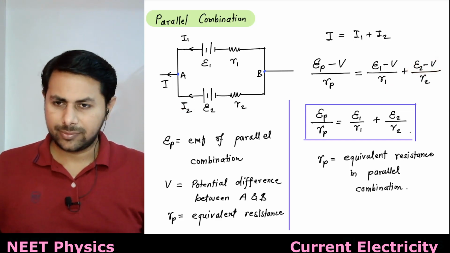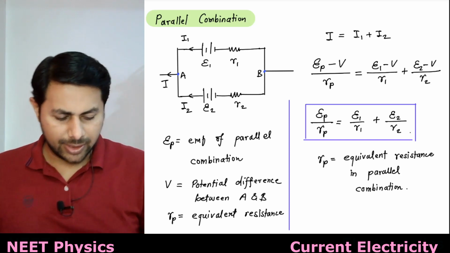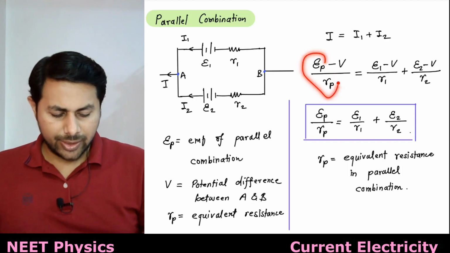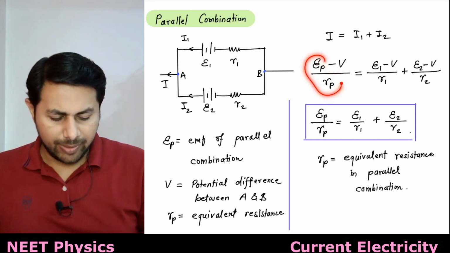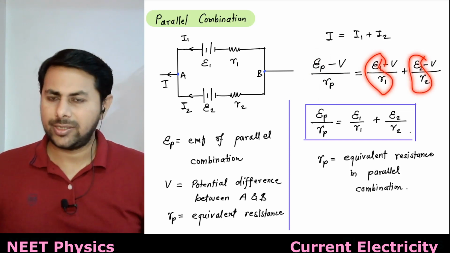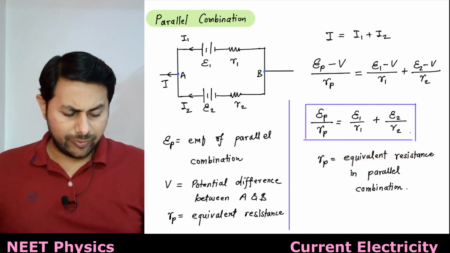Then we can separate the terms containing EMF and potential difference. So what do we get? EP by RP would be equal to E1 by R1 plus E2 by R2. And what is RP?